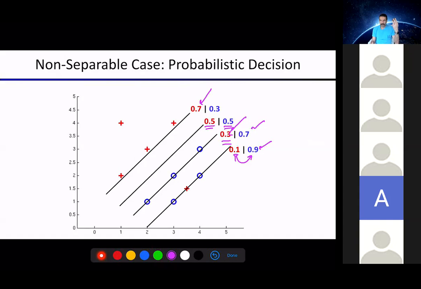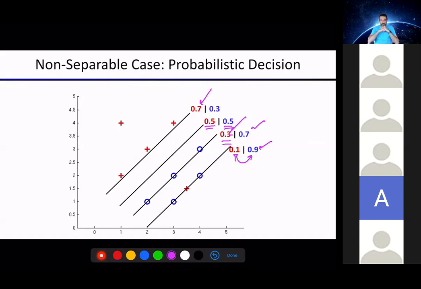Instead of saying that this is the class, we want to say that this is 90% this class, 10% the other class, right? We want to have some probability distribution over two classes, or multiple classes if we have multiple classes in the classifier.